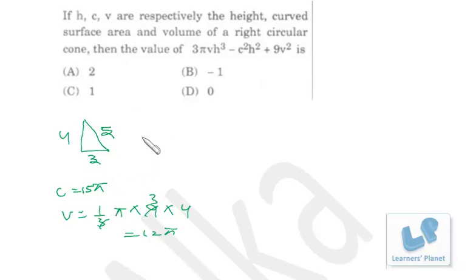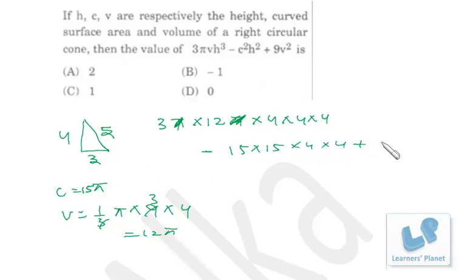Now I put the value of each variable in this expression. Let's see what happens. So 3 pi, V is what? 12 pi, and h cube, that means 4 into 4 into 4, minus c square is 15 into 15 pi square. I take pi square as common. Let's see what happens. So that is 15 pi square, and h square, that is 4 into 4, plus 9 v square, v is 12 pi.